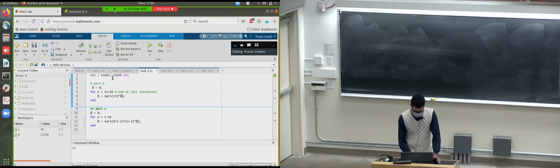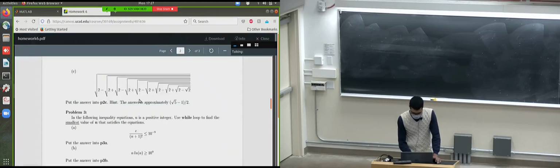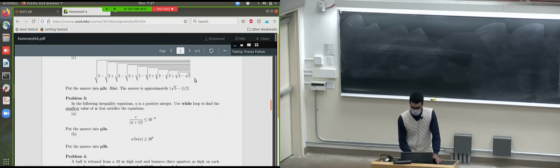So for example, if n is 1, you would have minus 1 to the power 0, and that would be 1, and s would be 0. So at n equals 1, the value of s would be square root of 2. If you go back here, the innermost value is square root of 2.